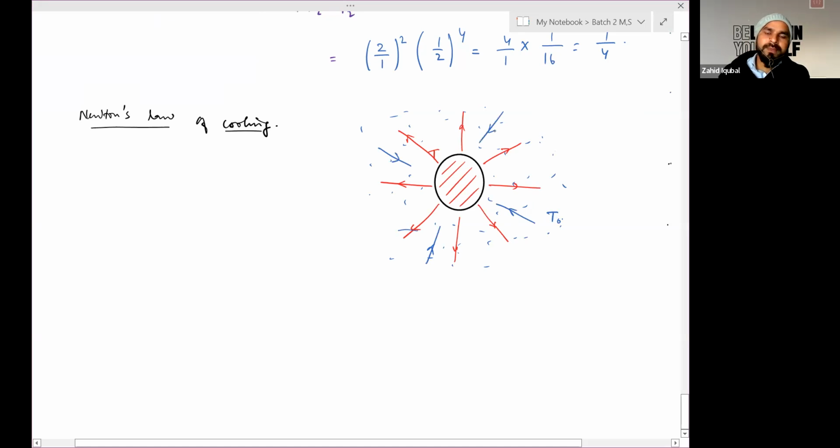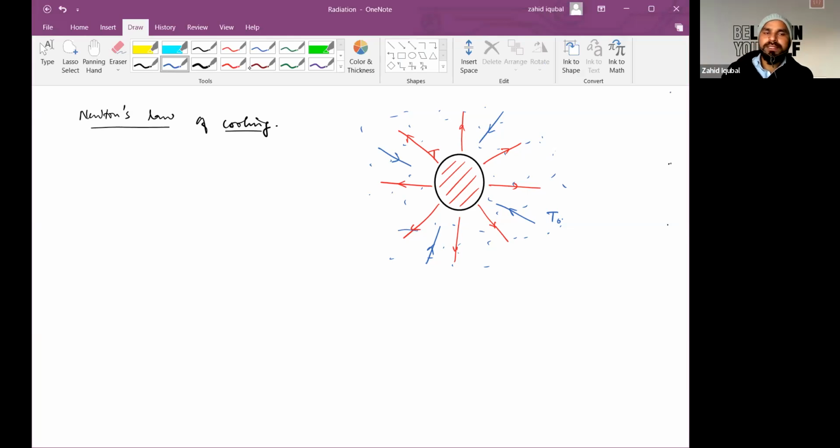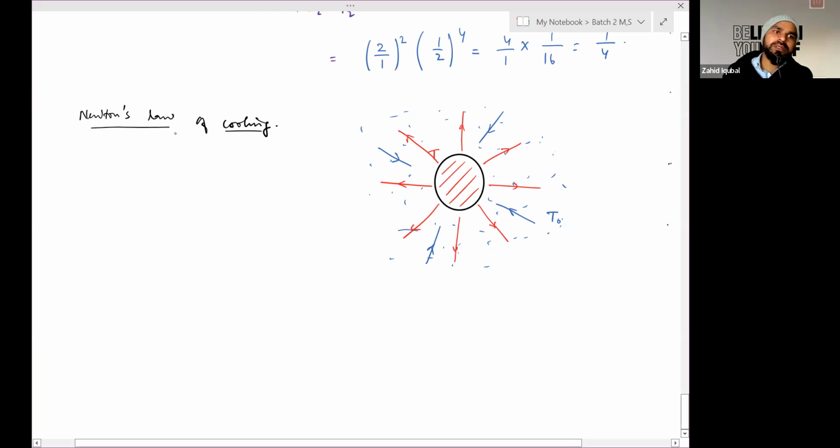So during this interaction, there will be some net flow of radiation from the hot body to the cold surrounding, which results in decreasing of the temperature of that hot body. This is defined by Newton's law of cooling.